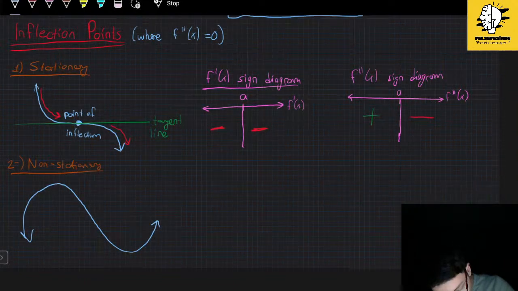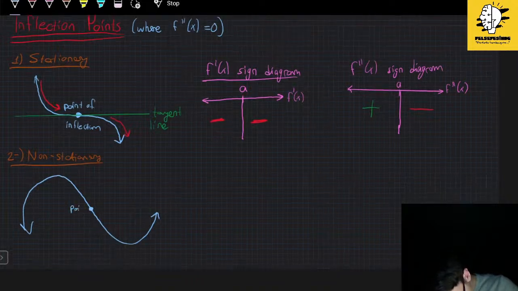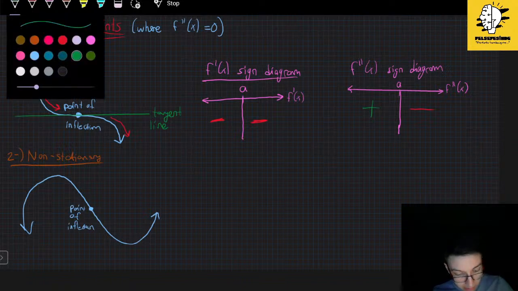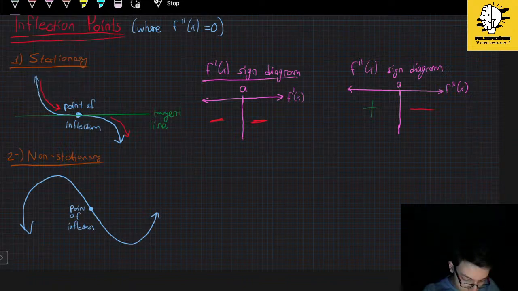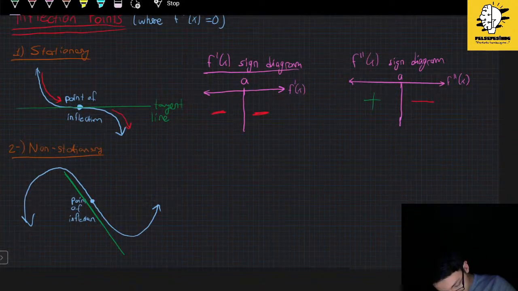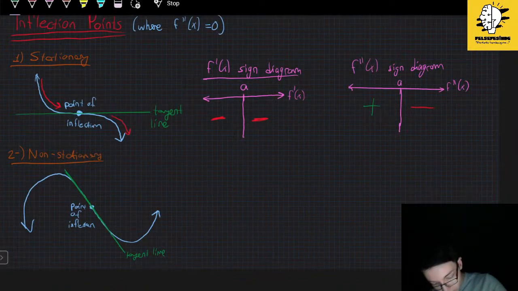In a non-stationary point of inflection, let's say this is the point of inflection. Can you see that my tangent line will not be horizontal at all? Does it look horizontal? No, right? This is my tangent line.